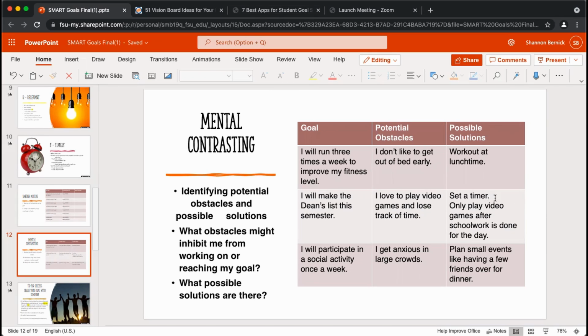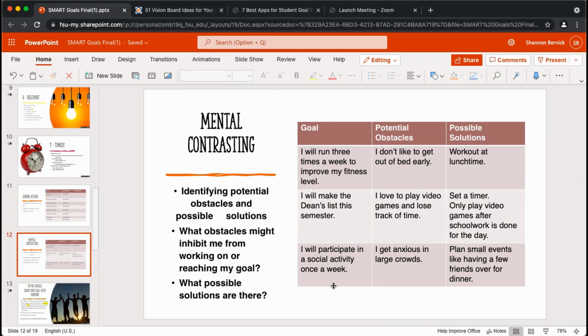So some possible solutions here is that when I sit down to play video games, I can set a timer so that I set it only for 30 minutes. And once it goes off, I stop playing video games. I might also play video games only after my schoolwork is done for the day. So only after I've completed the assignments that I need to do can I play video games. So these are just some possible solutions.